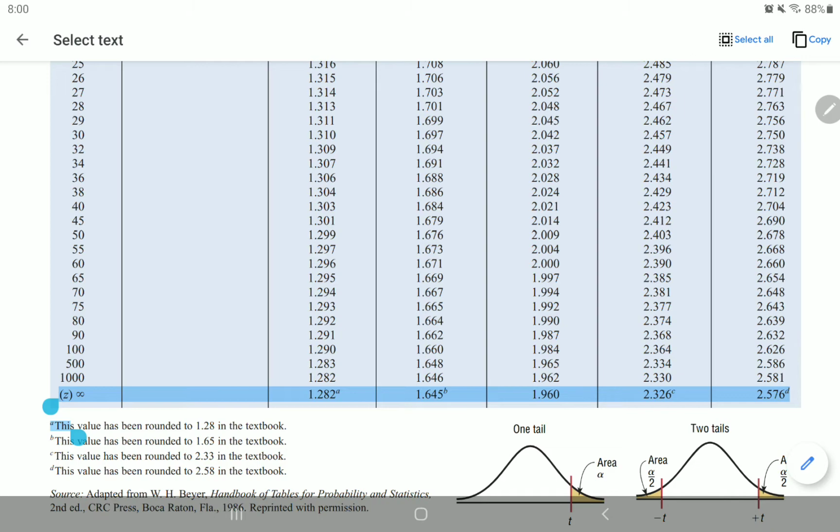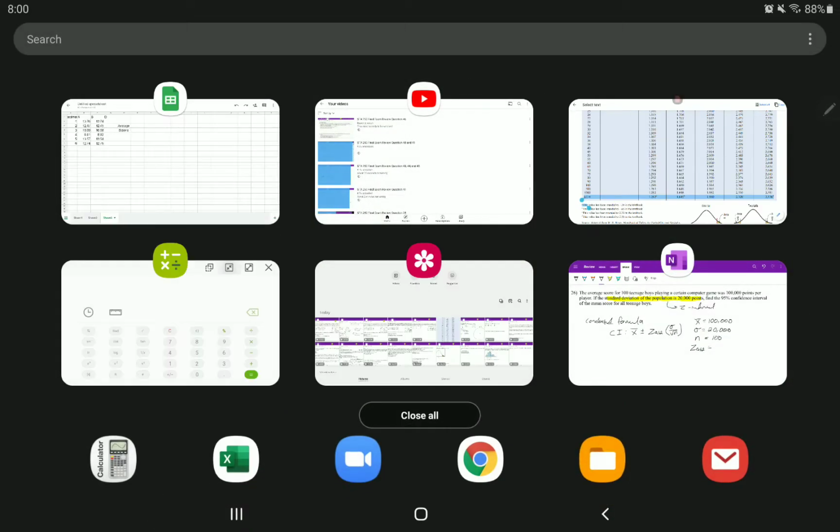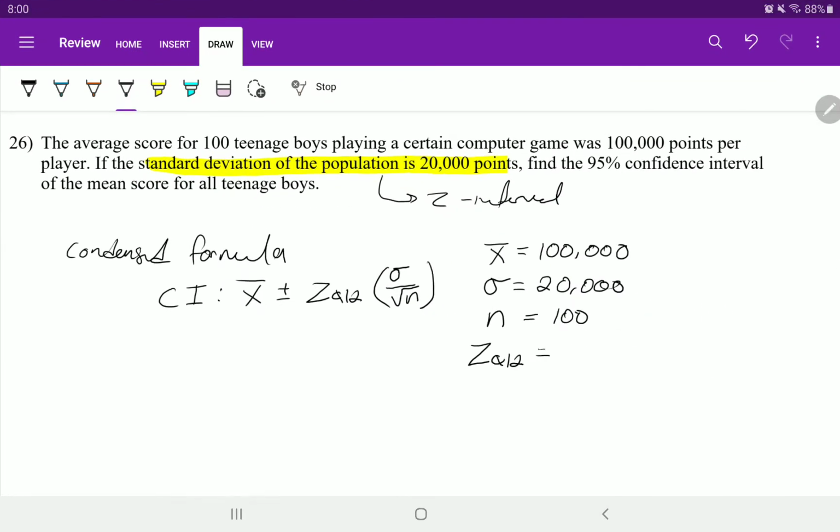In this case, the Z critical value for my 95% confidence interval is going to be 1.960, or just 1.96. Once again, if it's a Z interval, use the T distribution, go all the way down to the last row, and there is your critical value.